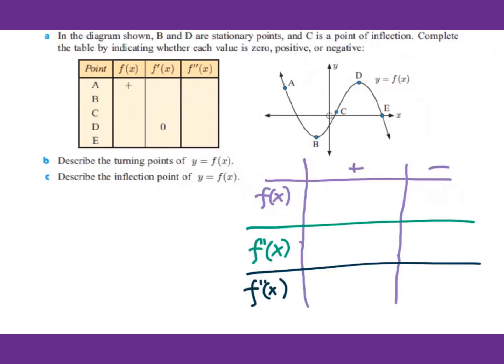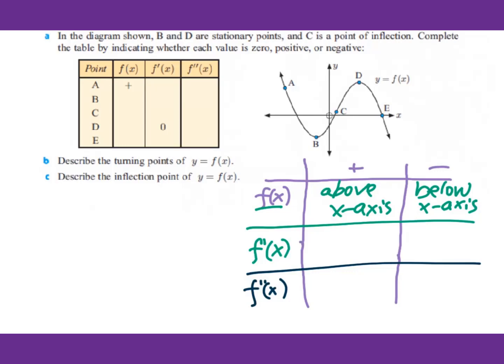Let's talk about the sign for f of x, the first derivative, and the second derivative of f of x. For f of x, positive means above the x-axis. Negative means below the x-axis.